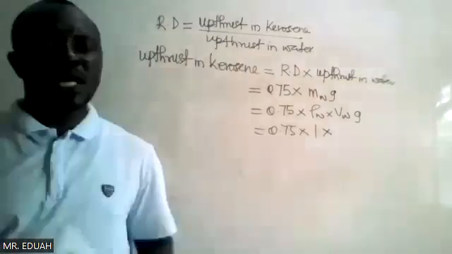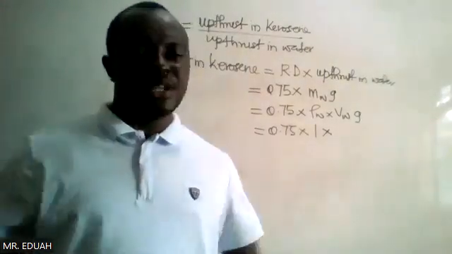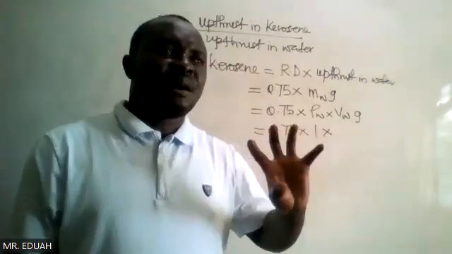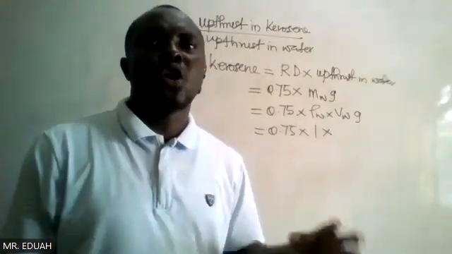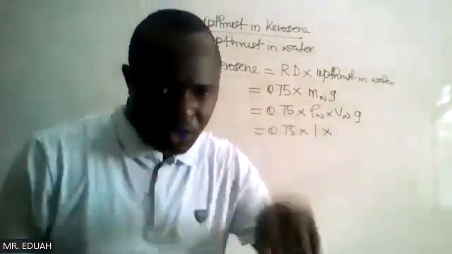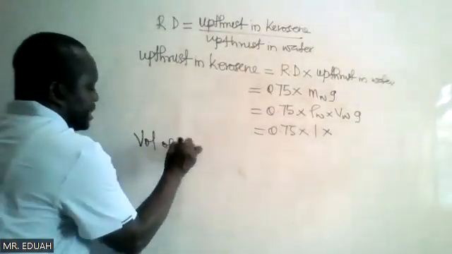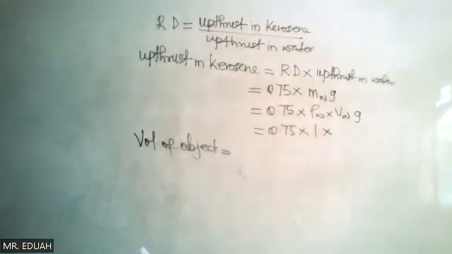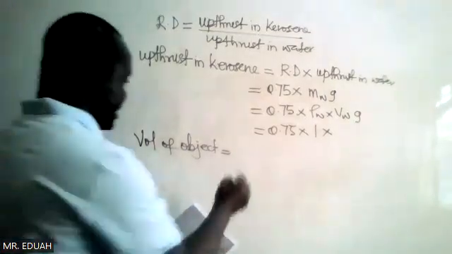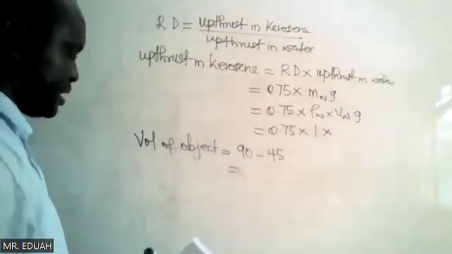The volume of water displaced by the body in kerosene and in water will not be different, because the volume of liquid displaced is always equal to the volume of the object once the object is fully submerged in the liquid. So the initial volume was 45 and then rose to 90. So 90 minus 45 would give us the volume of the object.